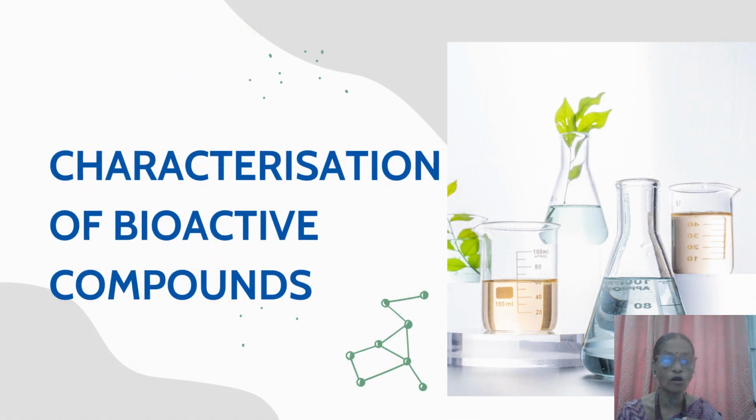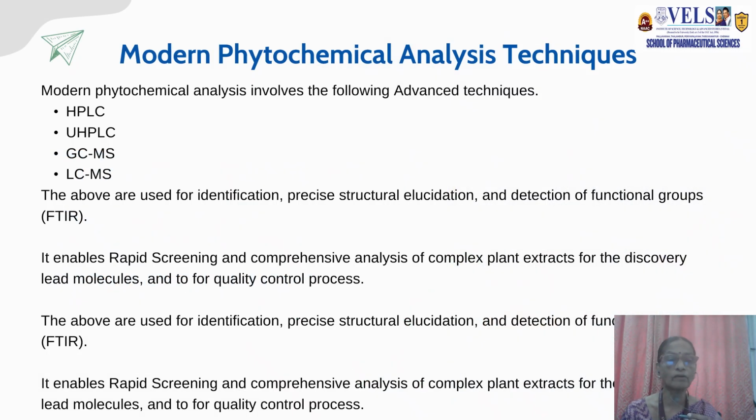Characterization of the bioactive compound: after chromatographic isolation is over, the compounds are characterized by using spectral methods of analysis. These are some of the modern phytochemical techniques used for molecular identification, structure elucidation, and structure characterization, FTIR and others. Mostly, a single technique is not at all enough for characterization of the compound and structure identification of the phytocompound.